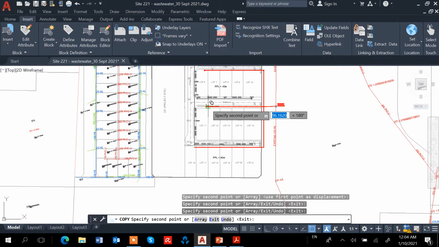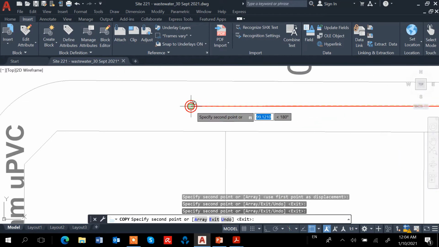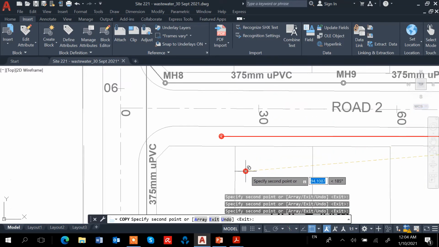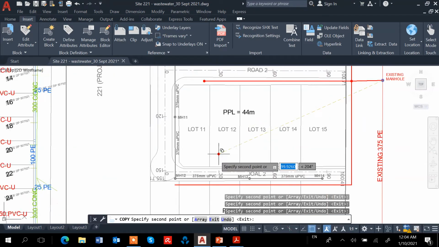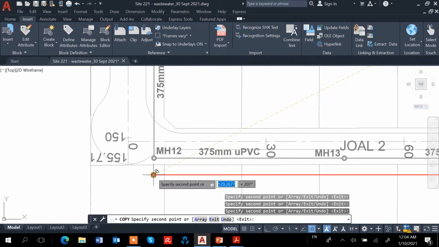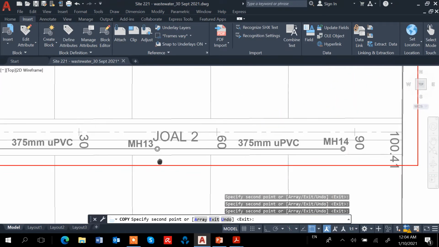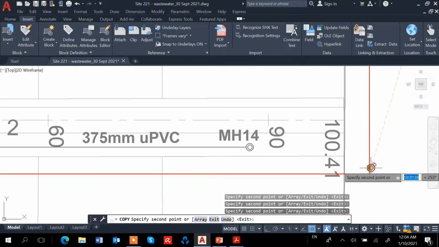So I'm going to put a manhole at the end, and one here as well, and here as well.